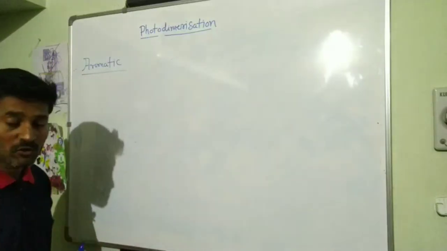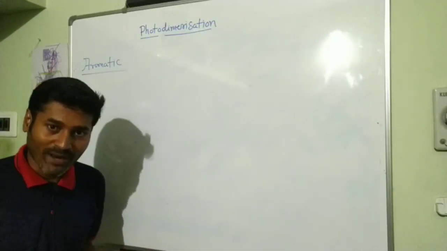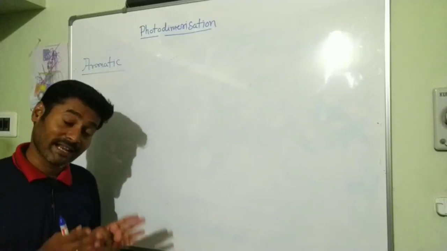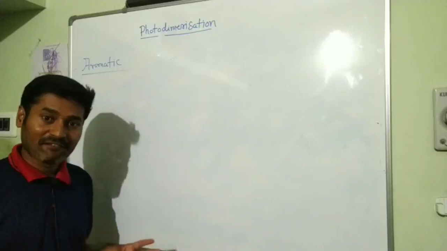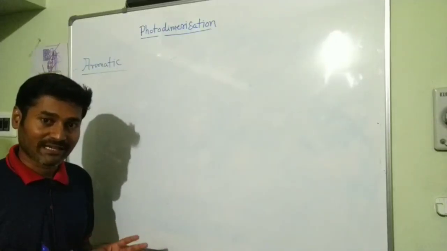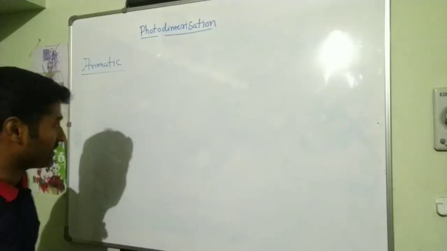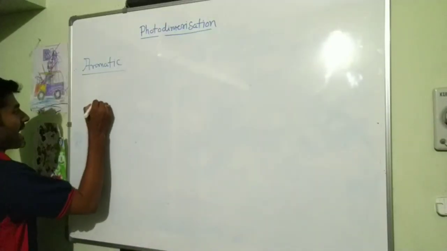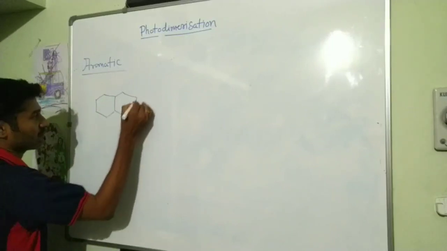I will add the reference also. It cannot be understood why substituted naphthalene can undergo dimerization, but unsubstituted naphthalene cannot undergo dimerization. Like benzene, it cannot undergo dimerization. If you take anthracene, anthracene can undergo dimerization.